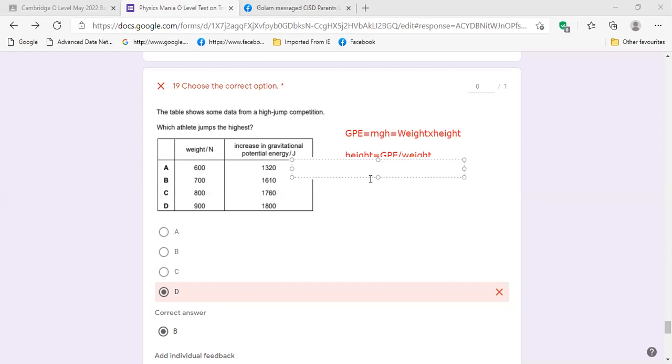What is the answer you got for A? 1320 divided by 600, according to the formula. Sir, 2.2. Yeah, 2.2 meters, right? We write here meter. Then next one.